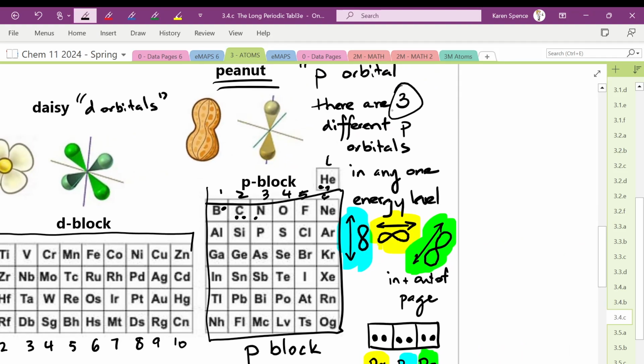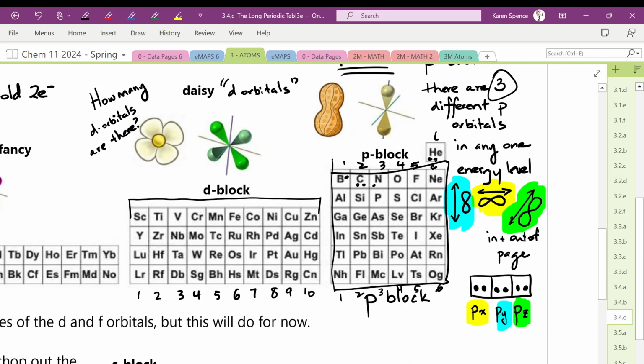There were 3. And how many elements are in the p block? 1, 2, 3, 4, 5, 6. That's because each orbital can hold how many electrons? 2. So 3 orbitals will let you hold 6 electrons. How many orbitals will let us hold 10 electrons? 5. 5 orbitals.